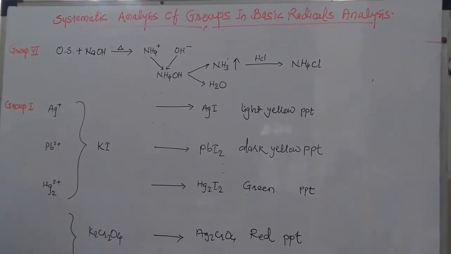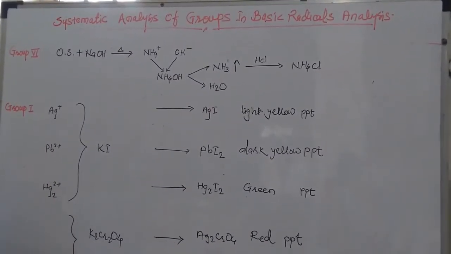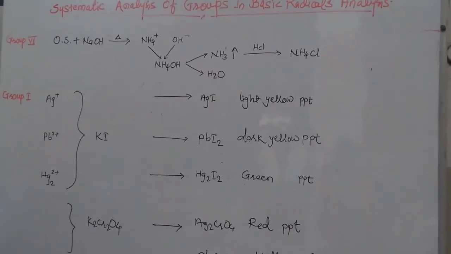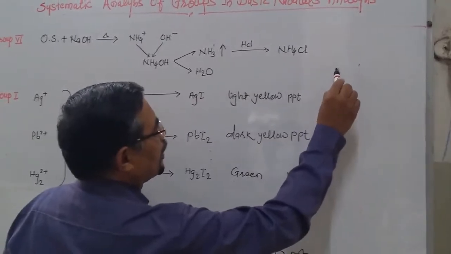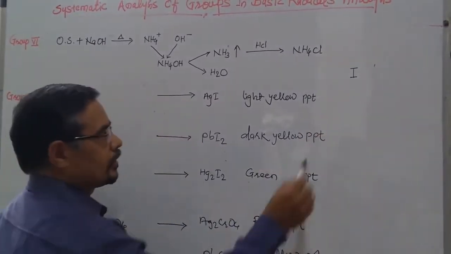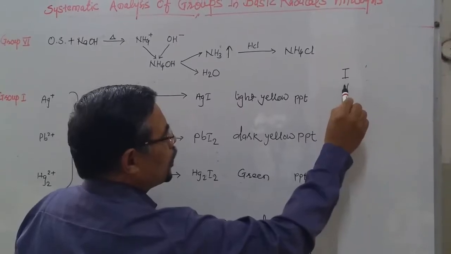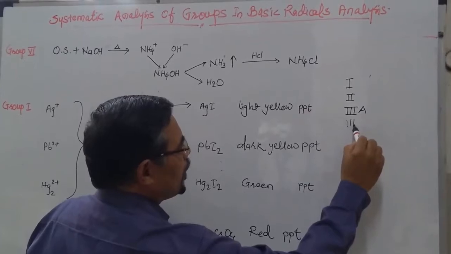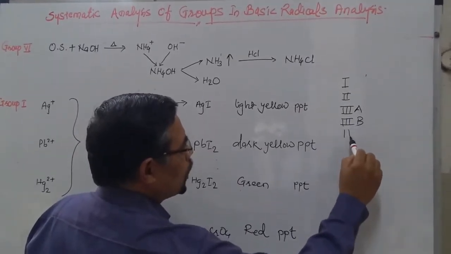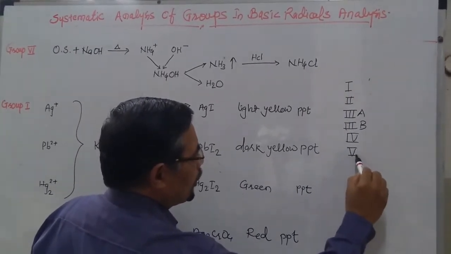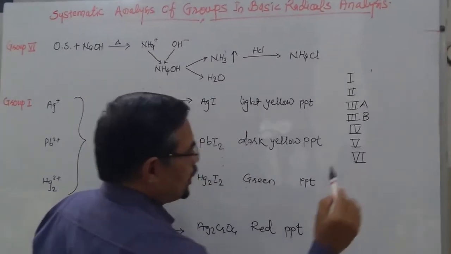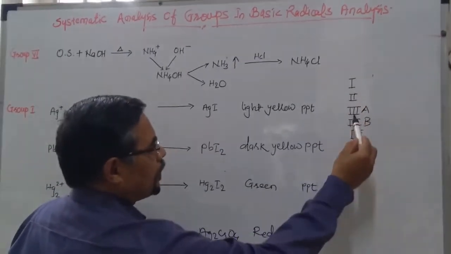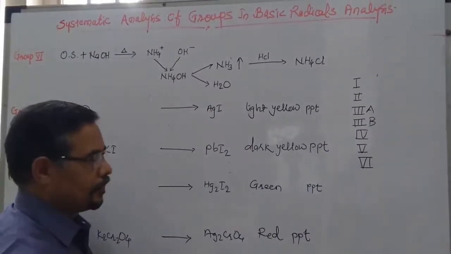We know basic radicals are divided into 6 different groups, labeled with Roman numerals: group 1, group 2, group 3A, group 3B, group 4, group 5, and group 6. All basic radicals are divided into these 6 groups.